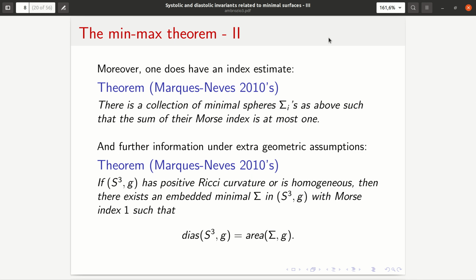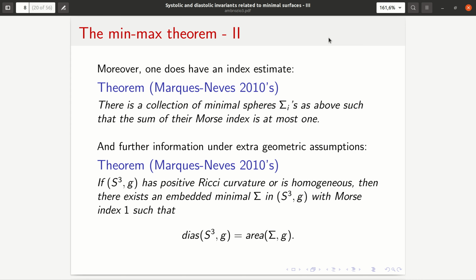Another piece of information that I want to give you is that if one assumes extra geometric conditions, then the statement becomes even more transparent.